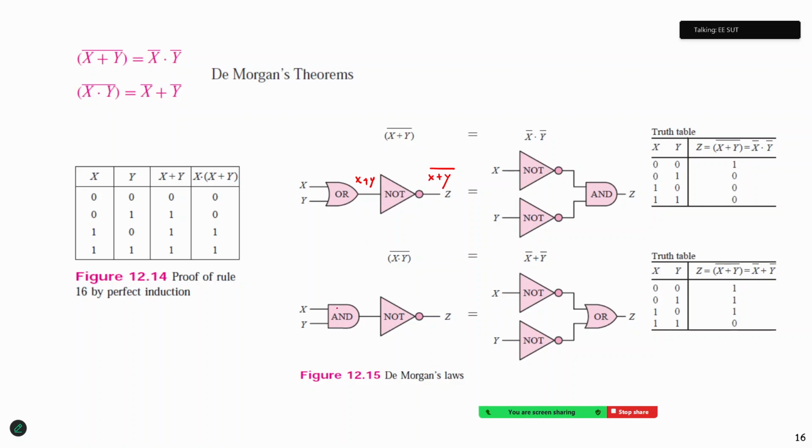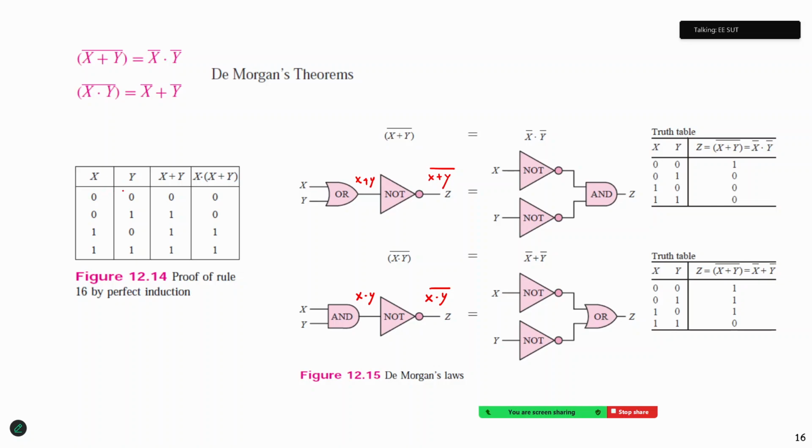And we can also have AND then NOT gate, right? This is X and Y, and the output will be X and Y inverted, right? So C here.